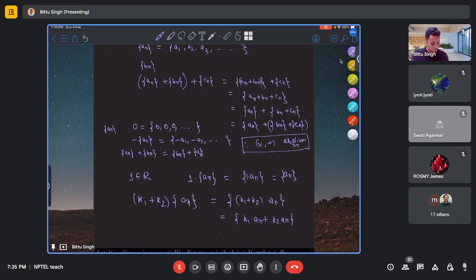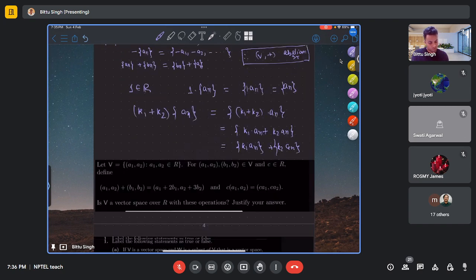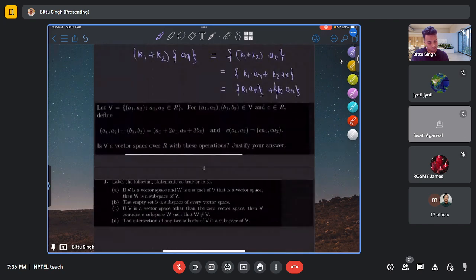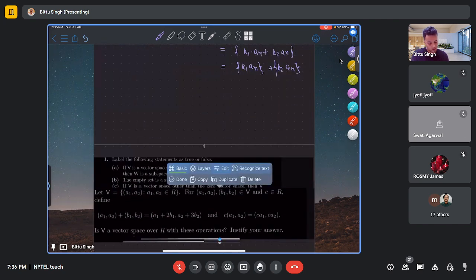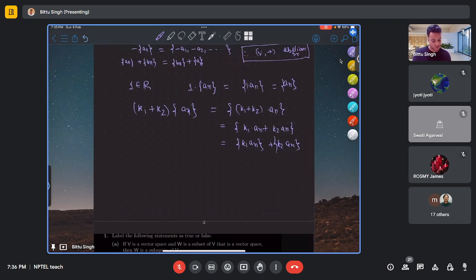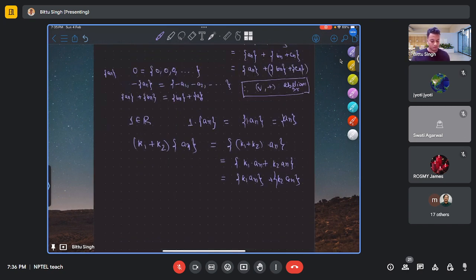But this is the same as, you can separate now, k1 an plus k2 an. So all those properties are satisfied. This is the distributive property on one side.